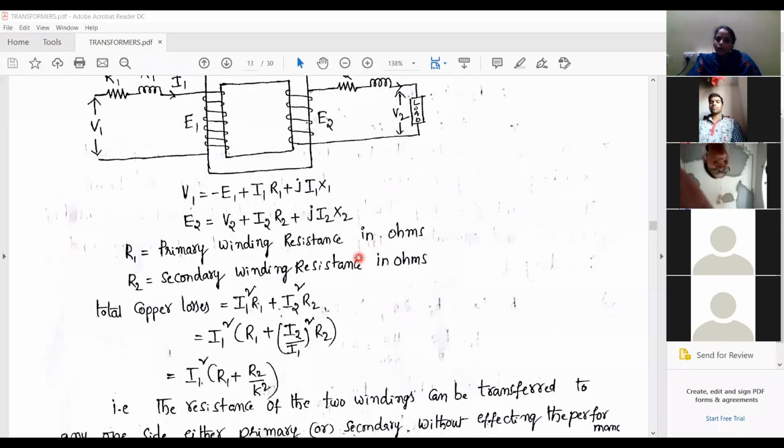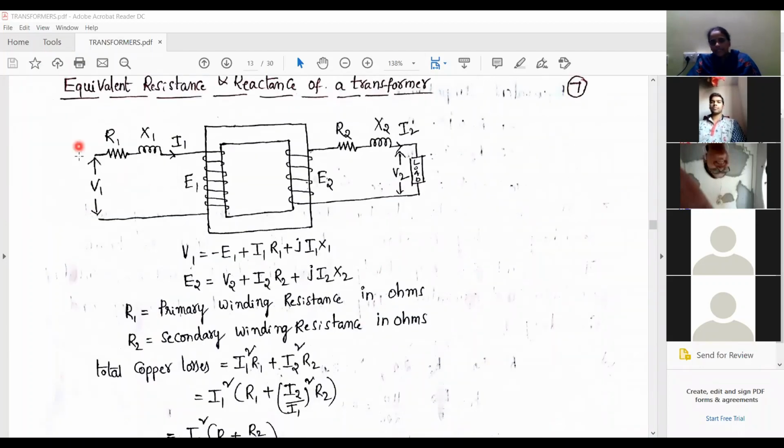We already discussed that you can transfer primary parameters to the secondary and secondary parameters to the primary. Suppose you want to transfer the secondary parameters R2 and X2 to the primary: R2 dash is equal to R2 by K square and X2 dash is equal to X2 by K square. That is what you need to remember.